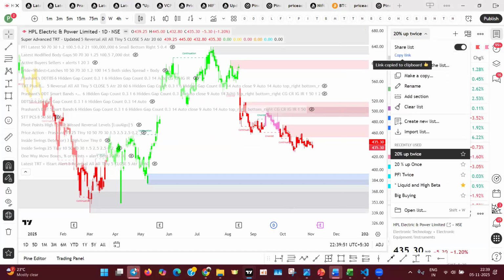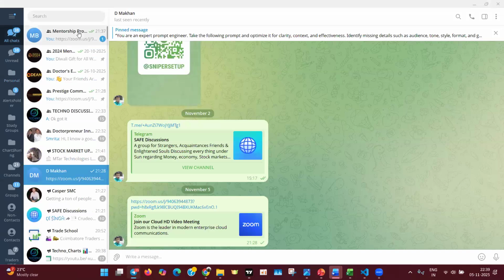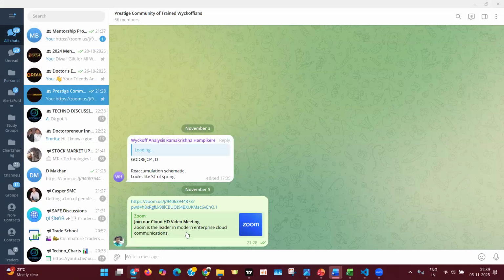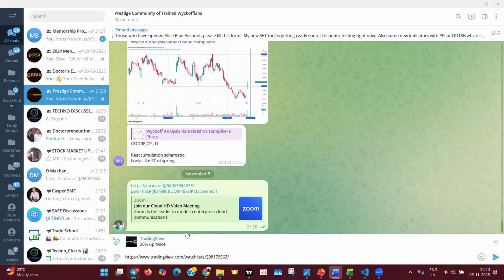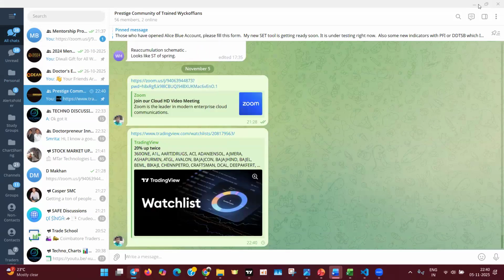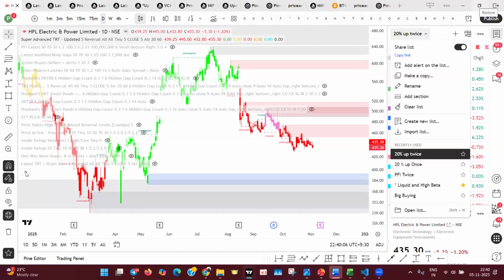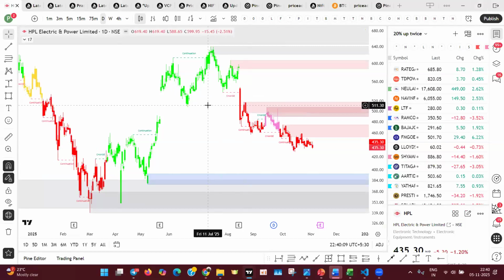I can copy this and paste in the group. So this is the list of shortlisted stocks. It took just 2 minutes to get the shortlist, and then we have to analyze them.